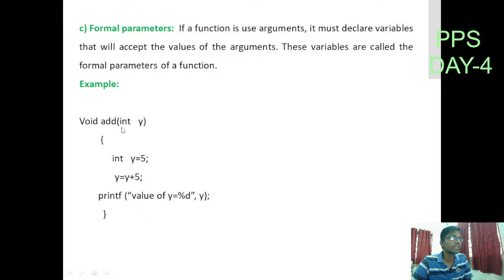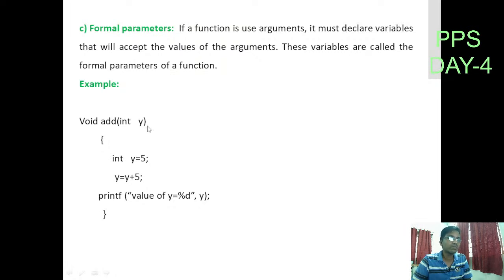These variables are written in the called function. Yesterday I gave a topic about what is a calling function and what is a called function. A calling function is terminated by a semicolon. The calling function does not have any body. So that function is called a calling function.